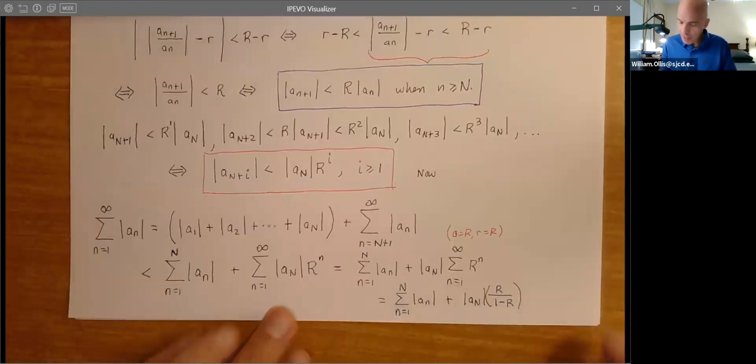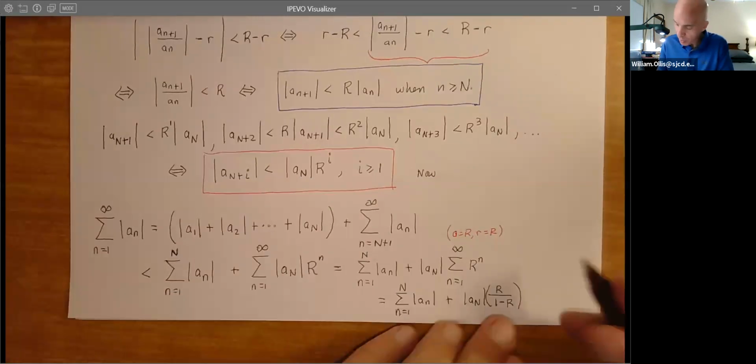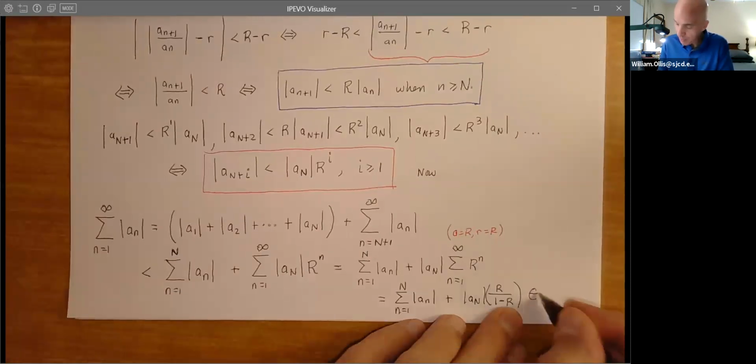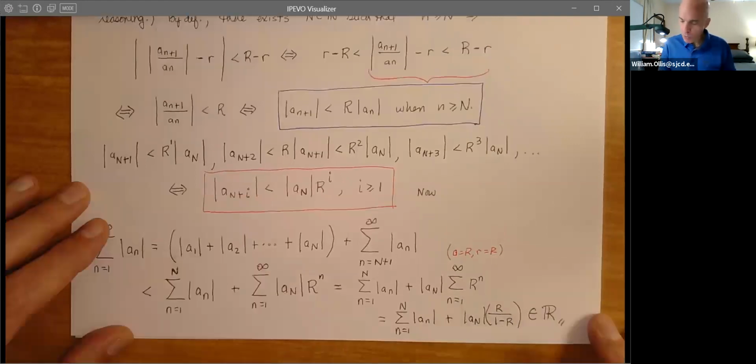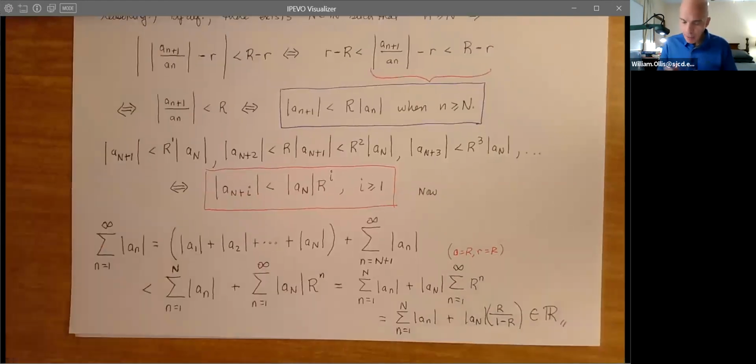Now, when we look at this, we say, okay, this is a real number, an element of R, less than infinity. So basically what we're saying is when we look at this, we're comparing it to this series here. This series is being compared to this series, but we just showed that this series converges.